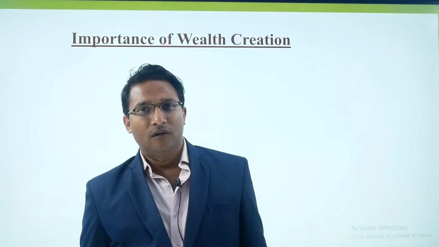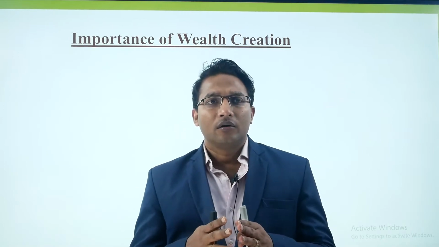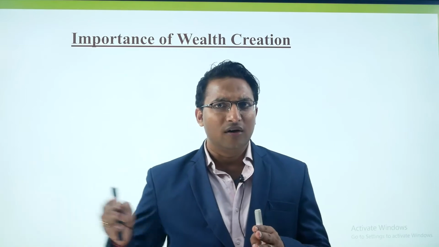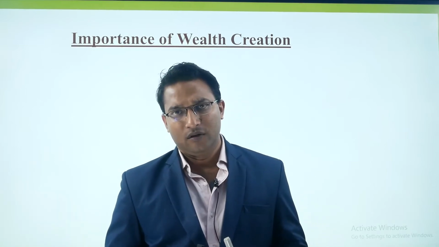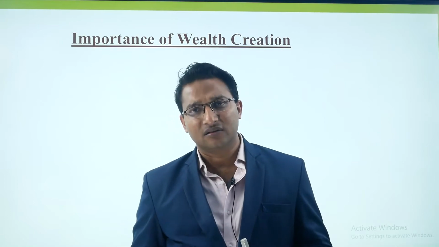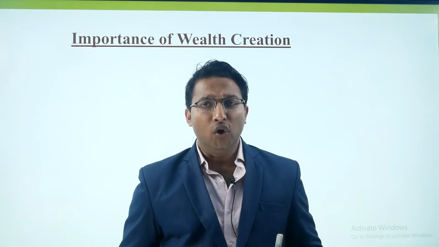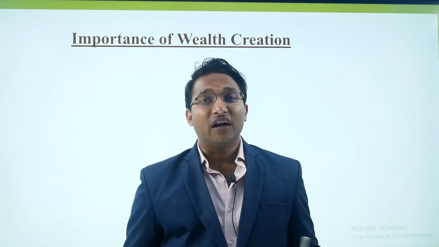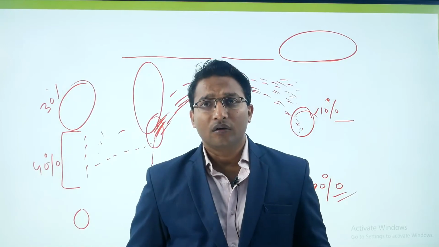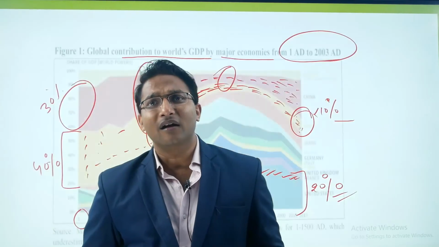Now coming to India, the recent past. In India, we had been contributing a lot from first AD to around 1700 AD. But after that, the contribution declined because of the drain of wealth. In 1947, we closed our economy because we were fearful that if we open our economy, we can be again controlled by the Britishers, right?